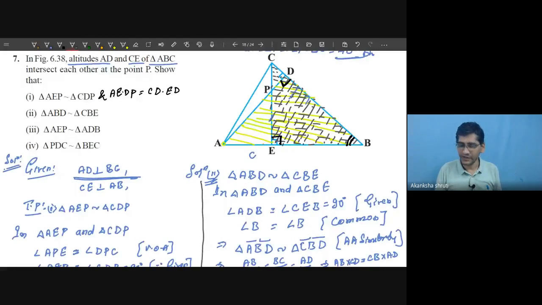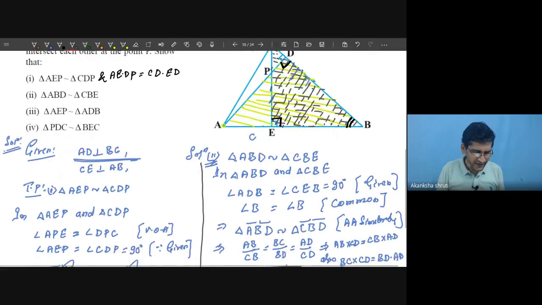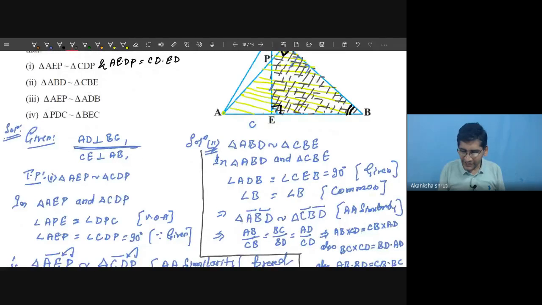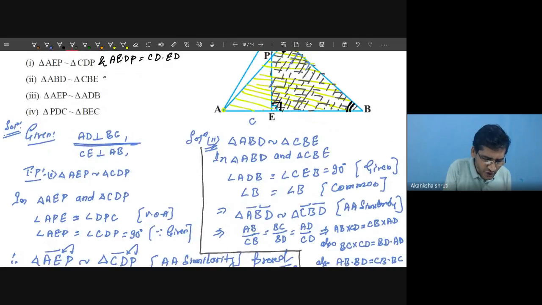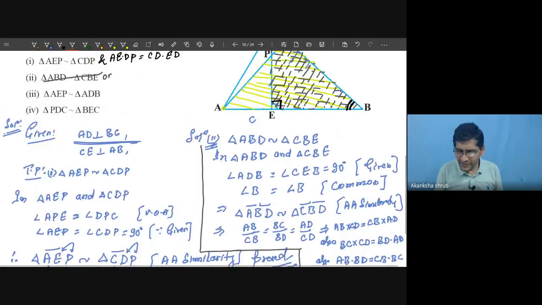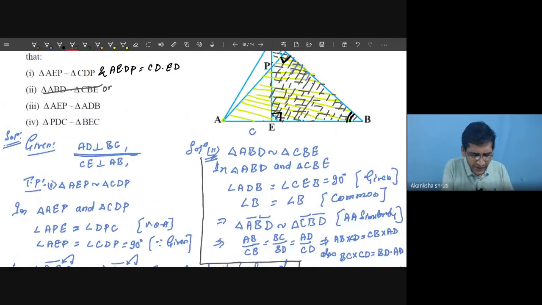Okay, so rather than stating to prove the similarity in the second, you may simply be asked to prove BC into CD is equal to BD into AD.